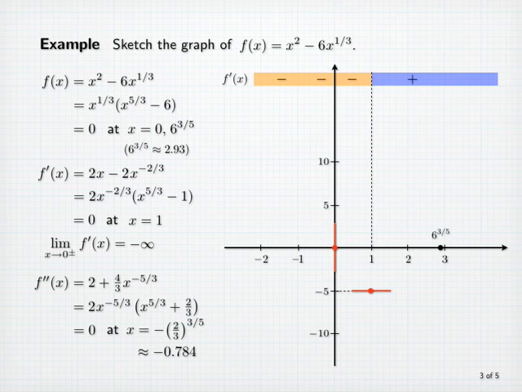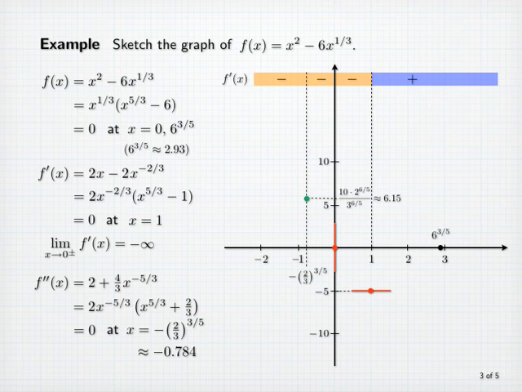Notice that the factor 2x to the minus 5/3 power is negative when x is negative and positive when x is positive, and the factor x to the 5/3 power plus 2/3 changes sign at minus 2/3 to the 3/5 power, where the value turns out to be 10 times 2/3 to the 6/5 power, or roughly 6.15. So let's plot that point.